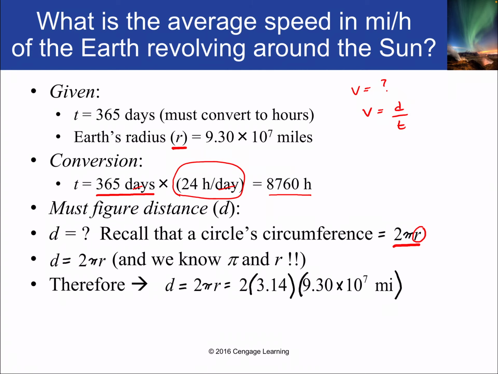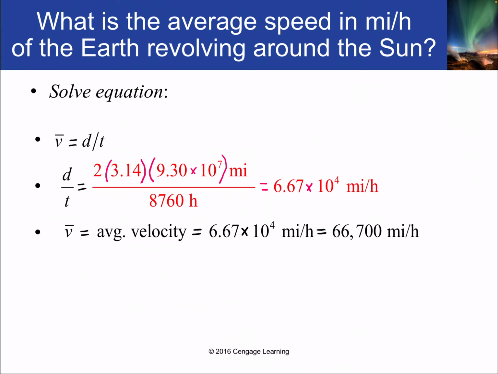So therefore we have distance being 2 pi r, pi is 3.14, and then here's our radius of 9.30 times 10 to the 7 miles. So that is going to come out. Notice we have rearranged our equation.